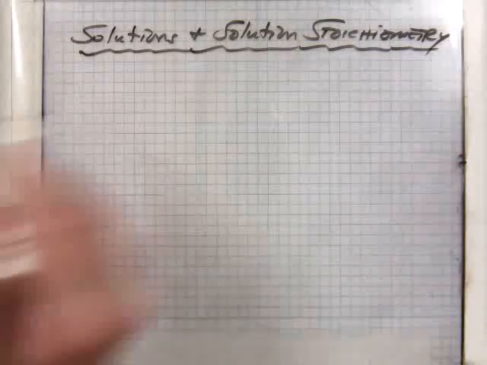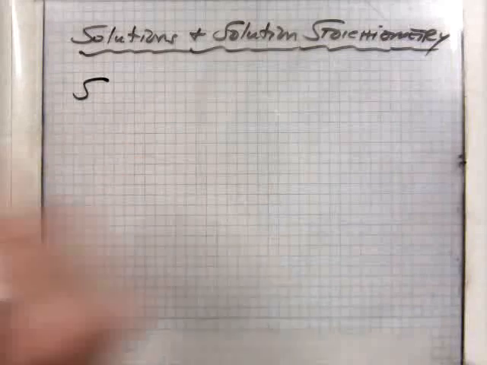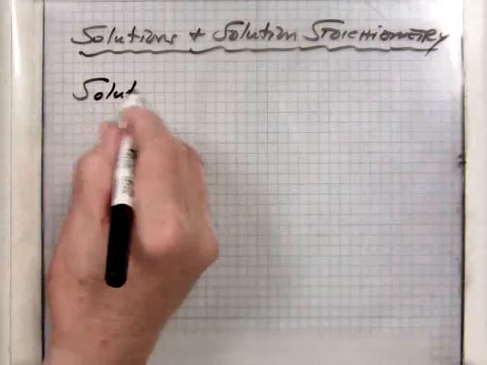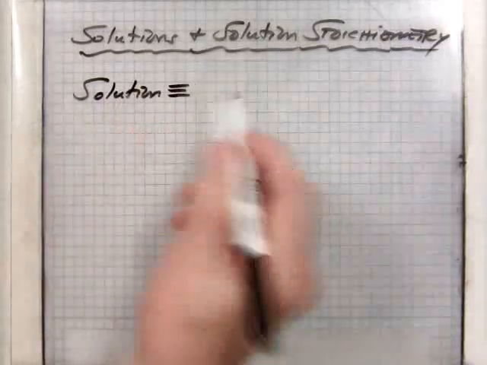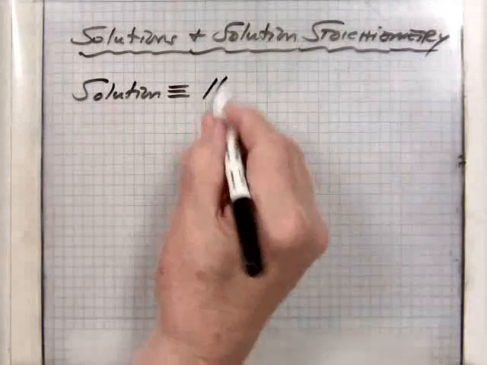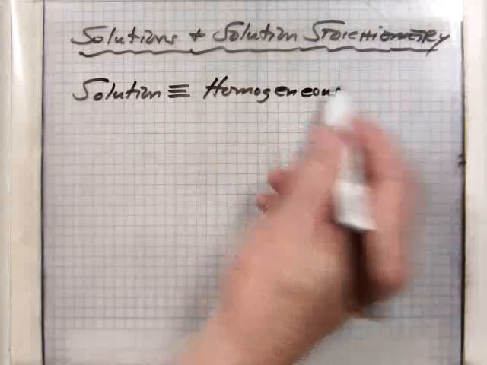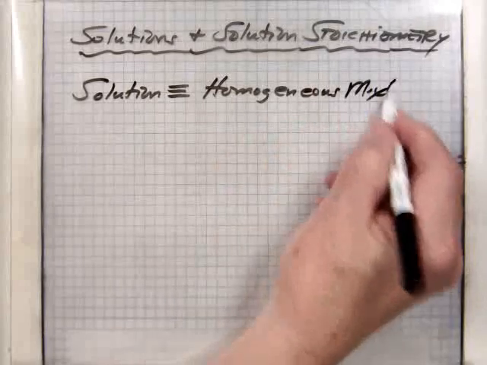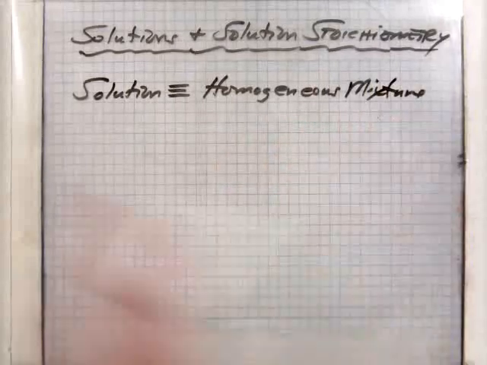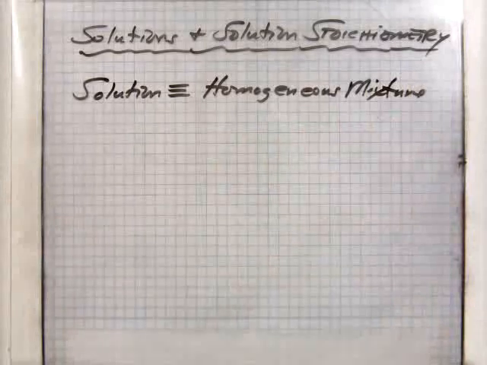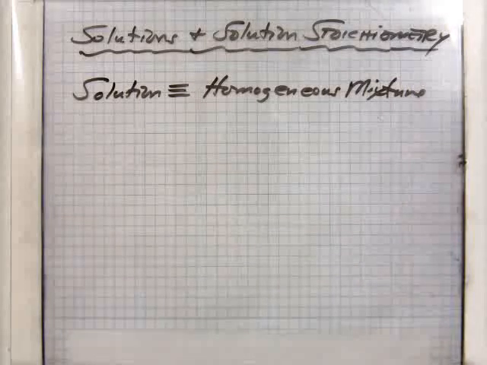Solutions, by definition, are a homogeneous mixture. They're physically prepared and they're physically separated. That means using physical properties. You mechanically mix something together to make a solution.